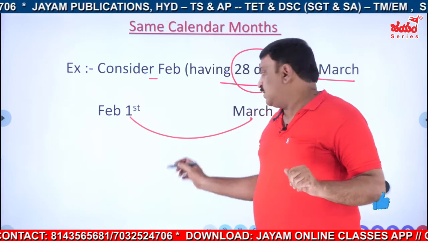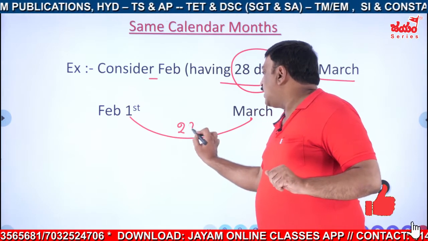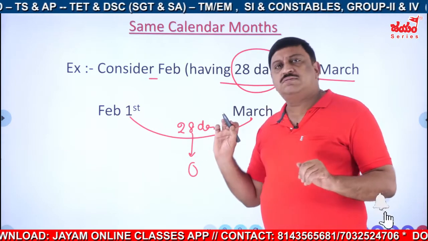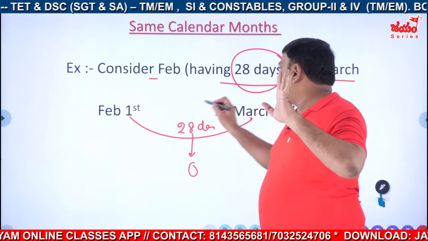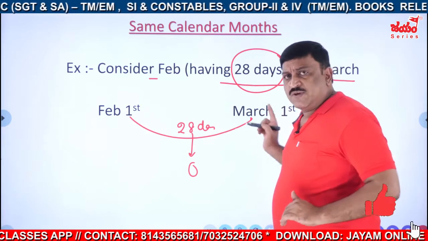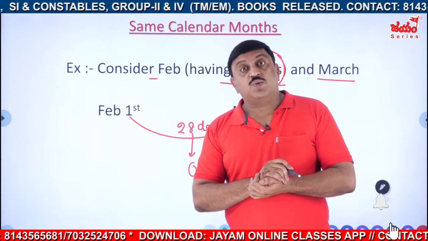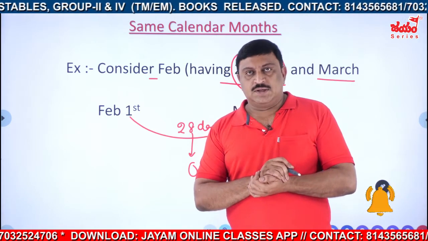How many odd days? It is a 28-day month, and 28 days means 0 odd days. Directly we can say, with 0 odd days, March 1st will be the same day. Clear?